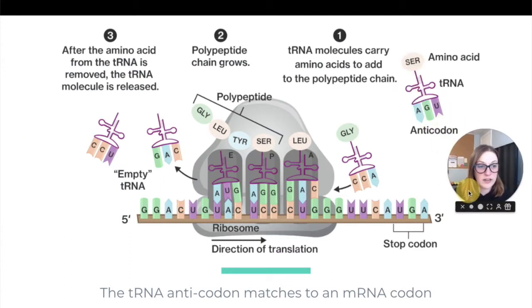Let's take a look at this process in more depth, starting right here. tRNA molecules carry amino acids to add to the polypeptide chain. So here's a tRNA floating around in the cytoplasm. This specific tRNA has the anticodon AGU, which would pair with the mRNA codon UCA.